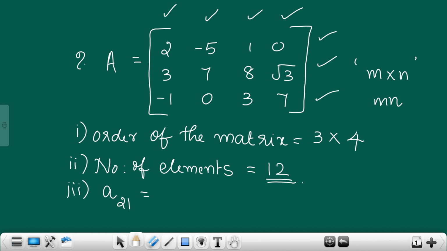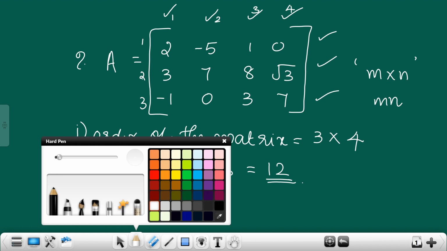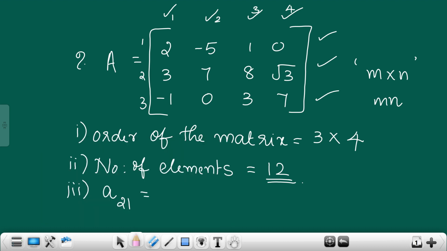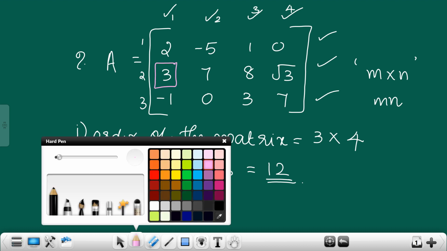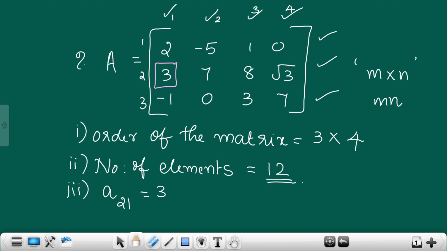Here this is our first row, second row, third row, and this is first column, second column, third column, and fourth column. Here A21 means second row and the first column, which means that element is 3.